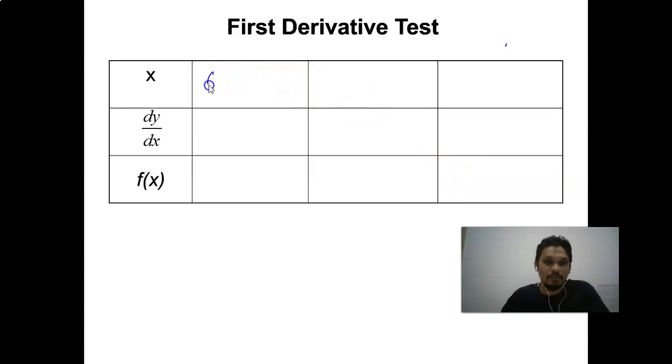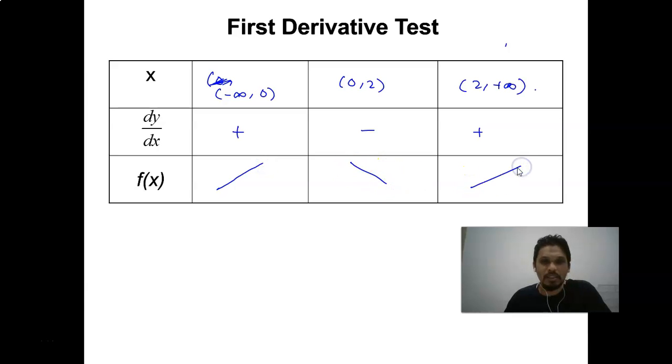This is from negative infinity until 0, from 0 until 2, and 2 to positive infinity. The signs are positive, negative, and positive, and then f(x) is increasing, decreasing, and increasing.